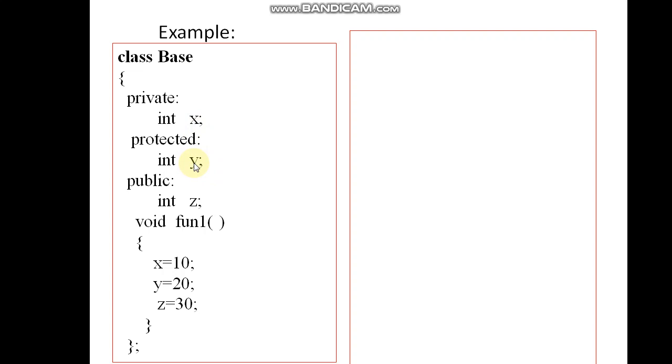y can be inherited by only the derived class. y can be used in the base class as well as in the derived class. z can be used in the base class as well as in the derived class, and also outside these two classes, as it's a public member. function1 can also be accessed anywhere in the program.